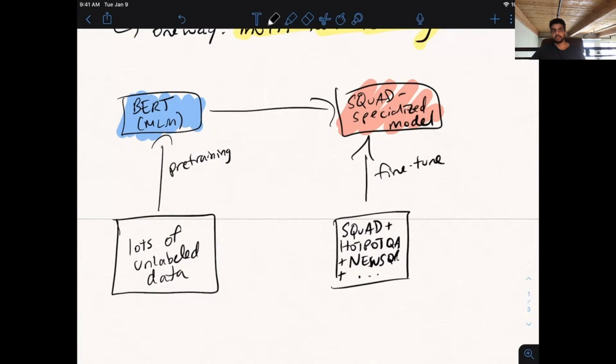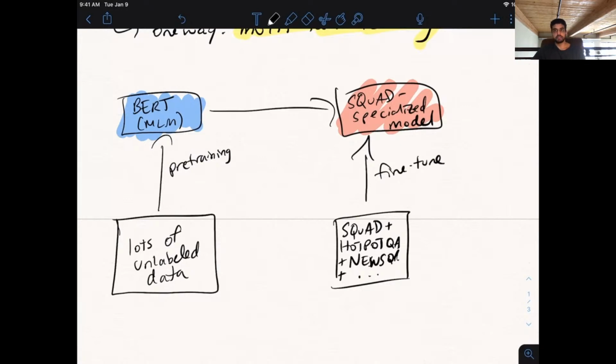And the nice thing about these QA data sets is that they all follow basically the same format, right? You have a question about a passage, and the answer is a span of text within that passage. So that makes it such that I can just concatenate all these data sets together, and then hopefully I'm leveraging information from these other data sets that will be useful when I eventually evaluate this on Squad.